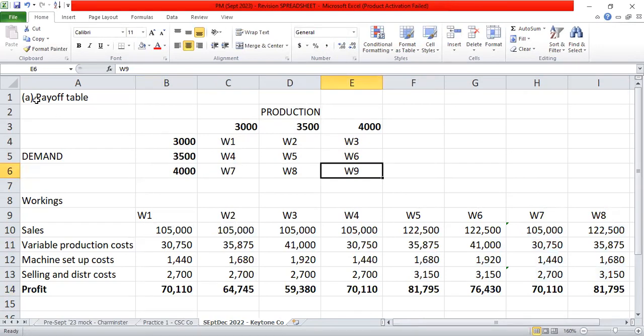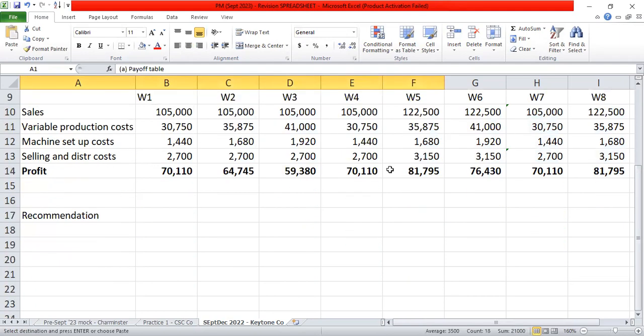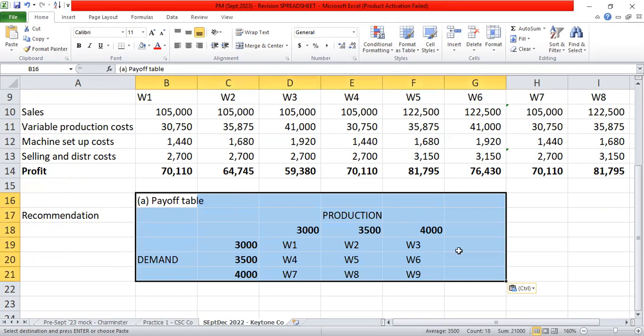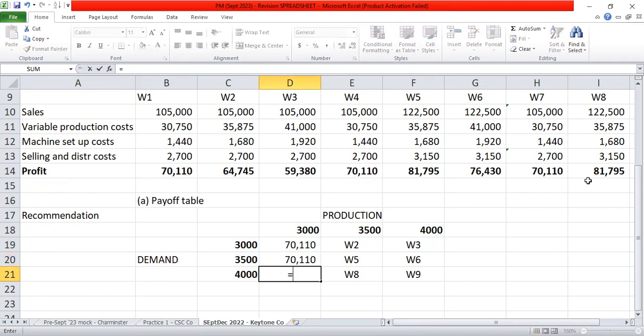I would copy this. Paste in here. And then I'm like that. Working 1. Working 4. Working 7. Working 2.